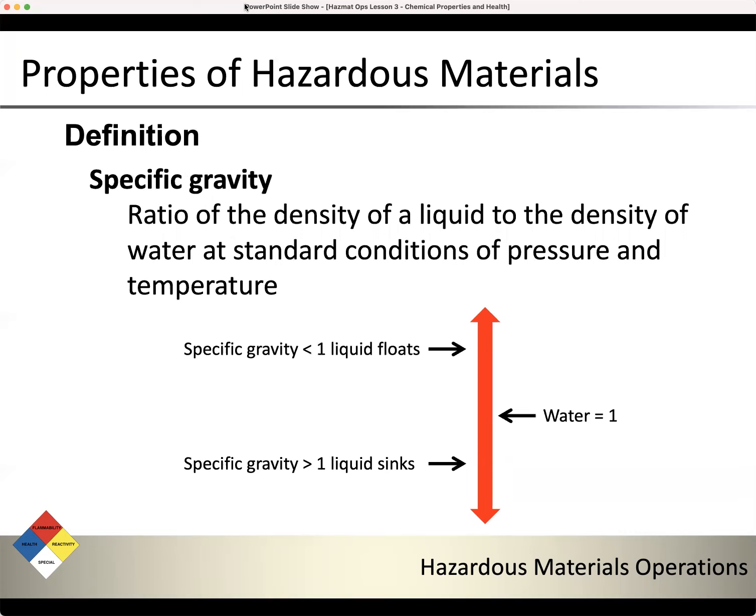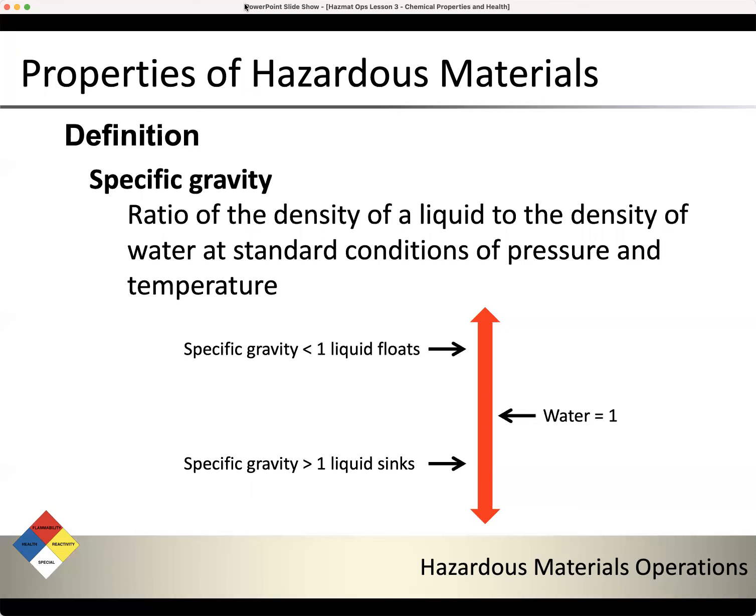So when things are immiscible, we need to know, are they going to sit on top of the water, or are they going to sink to the bottom of the water? We use the term specific gravity to know which one of those is going to happen. Specific gravity is the ratio of the density of a liquid to the density of water at standard conditions of pressure and temperature.